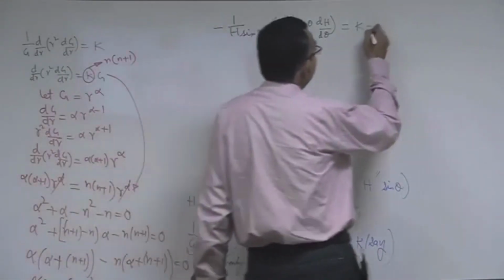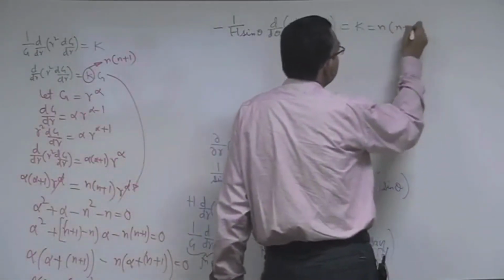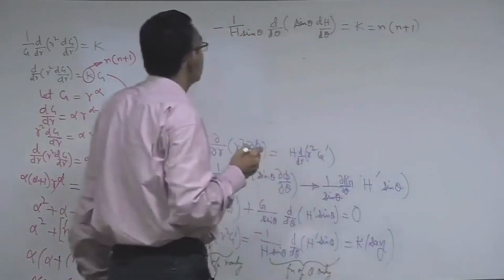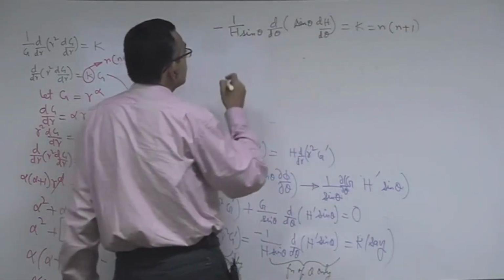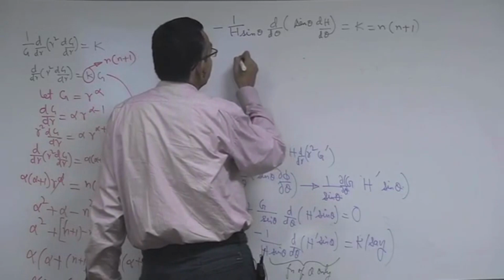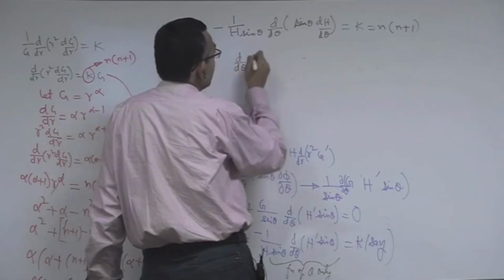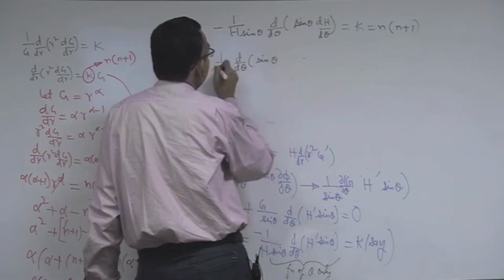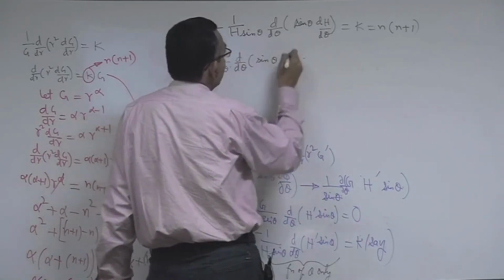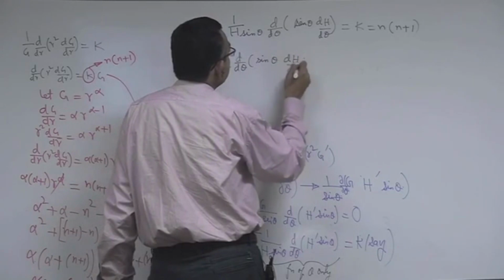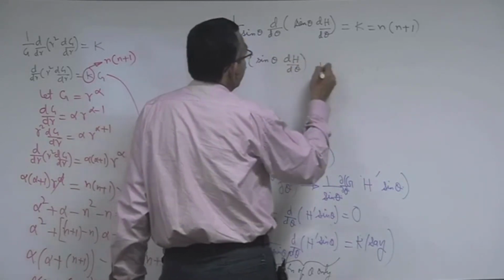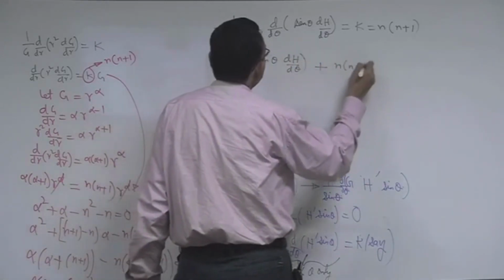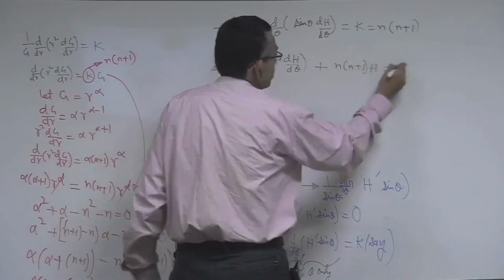K is n into n plus 1. So, 1 by sin theta d/d theta of sin theta dh/d theta plus n into n plus 1 h is equal to 0.